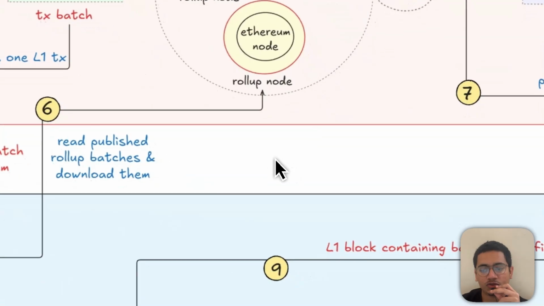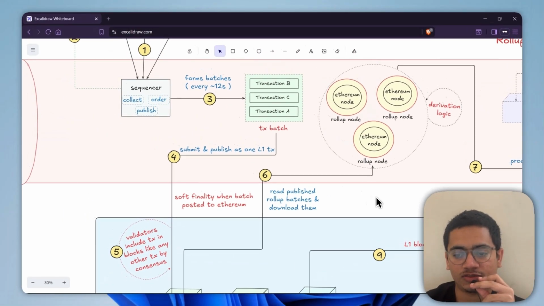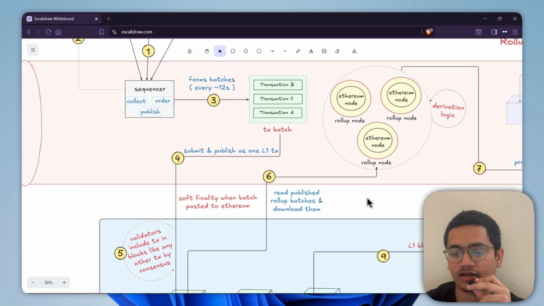Well, they do have those responsibilities, but you need to know that Ethereum doesn't do the execution part. What Ethereum does is accept the transaction data from the rollup, which is the data availability. Then it orders the batches, which is the consensus process, and finalizes the ordering of the transactions.